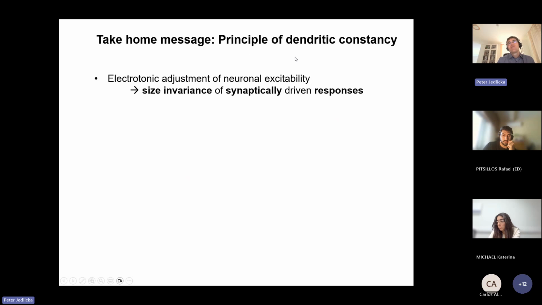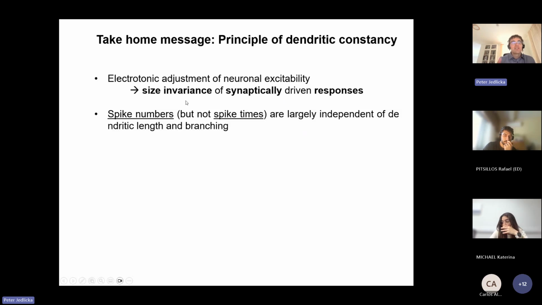We call this finding dendritic constancy, and it is about the size invariance of synaptically driven responses. Interestingly, I showed you that the spike numbers are largely independent of the size, but not spike times. So the temporal neuronal code is still very related to the complexity of the morphology. But the spike numbers were pretty independent of the dendritic length and branching.